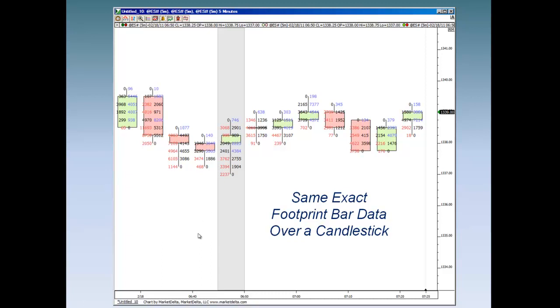This is simply a visual preference. As you're probably aware by now, Market Delta has a number of different ways to display the data, and you can select the one that is most pleasing to you and that you find easy to use. The data is really the same. The visual representation is just about personal preference.